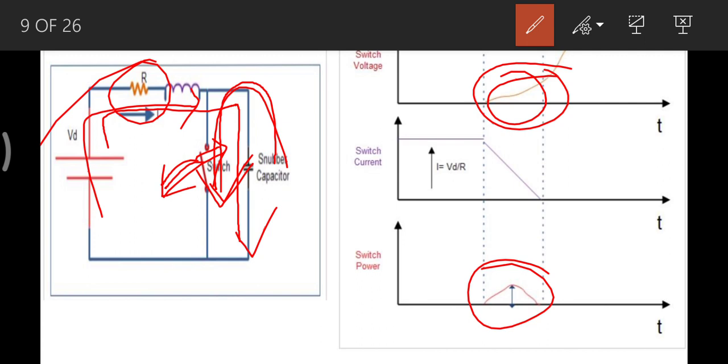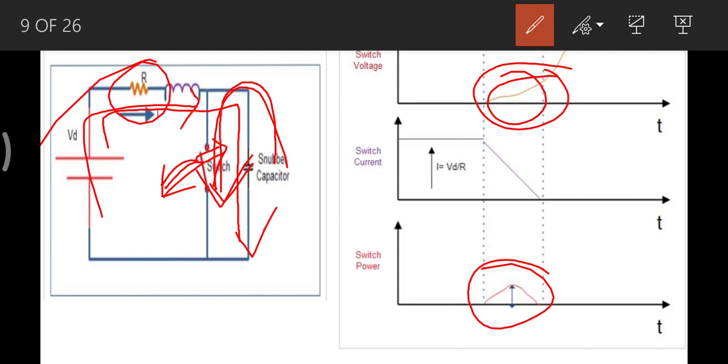In this way we can reduce losses. When the switching operation is done, very few losses are generated by using this snubber circuit. Without using this snubber circuit, these losses will be more.